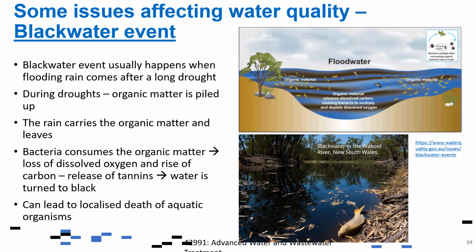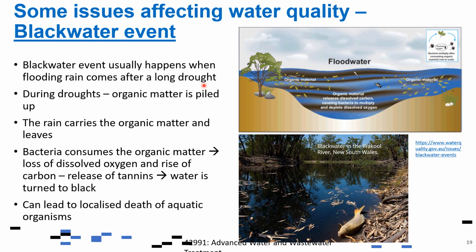Another event that could be affecting the water quality is a black water event. Black water usually happens when flooding rain comes after a long drought. For example, if we have a long-term drought, which means that it is very dry land, there's a lot of decomposed organic material.